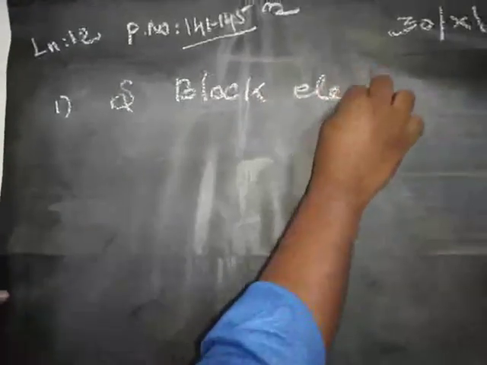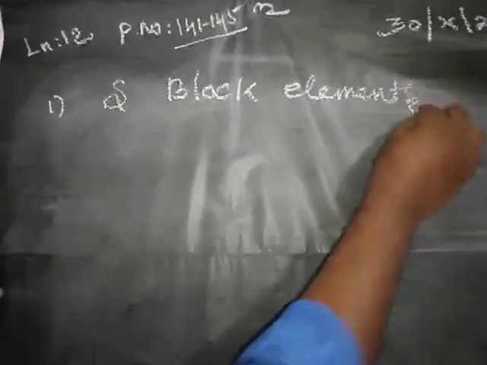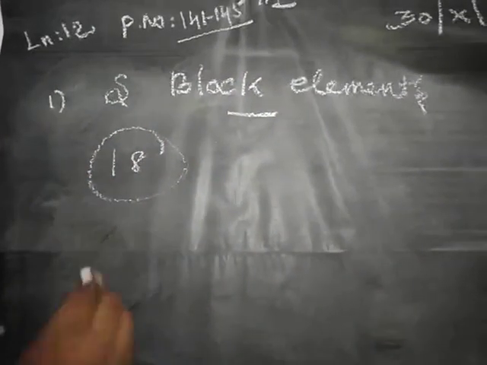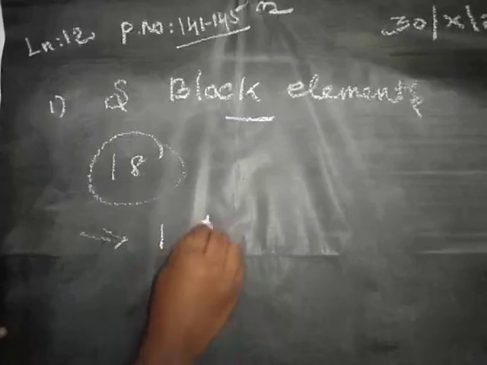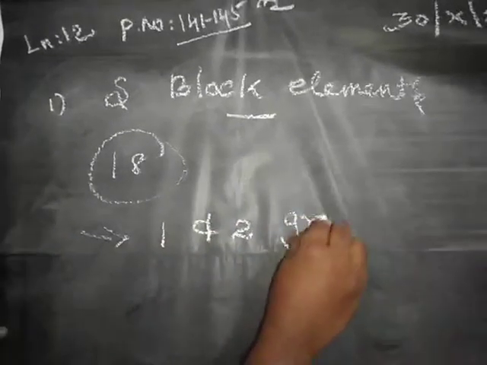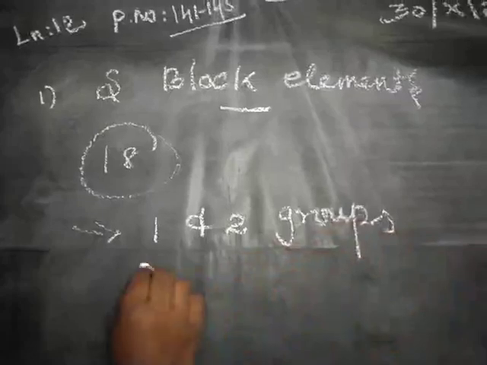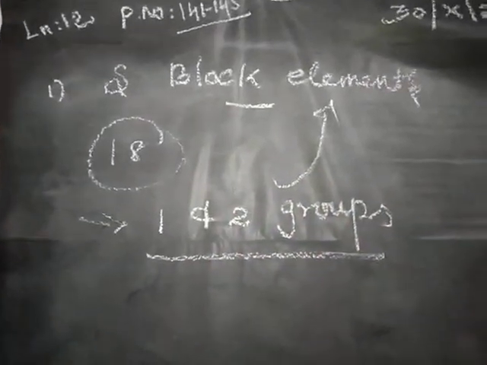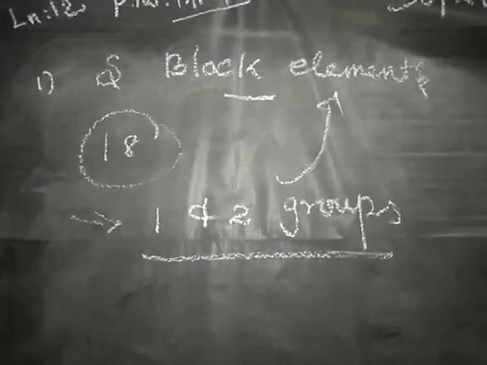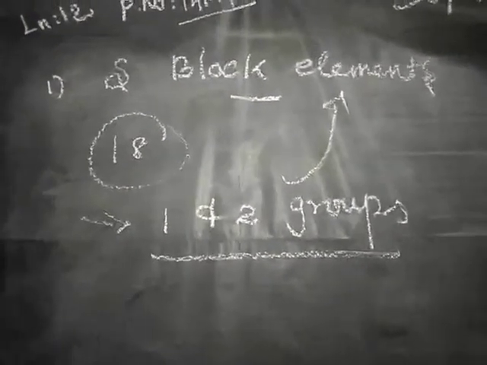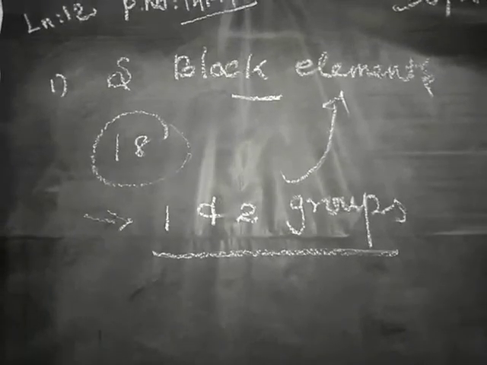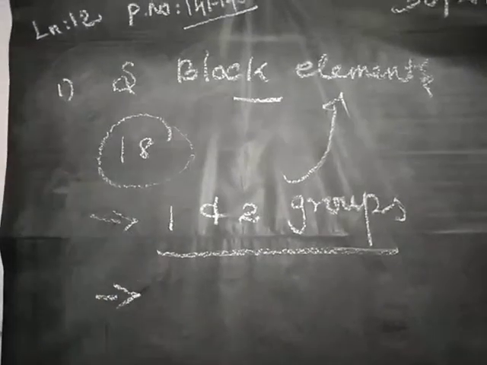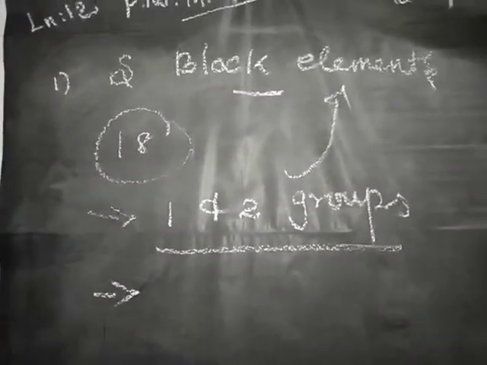The first and second groups together are called the S block elements. The first group is called the alkali metals, the second the alkaline earth metals. Together they are called representative elements.